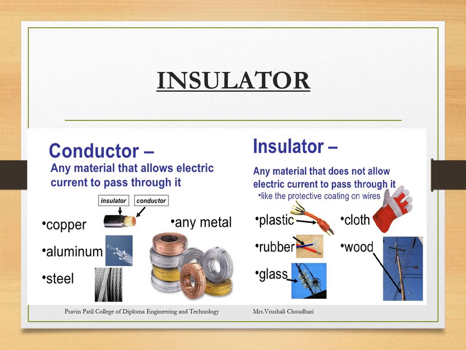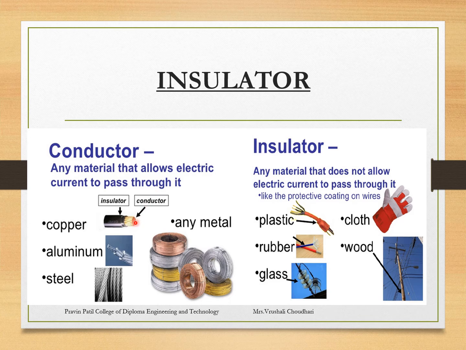What is the conductor? A substance which allows electric current to pass through it is called a conductor. For engineering purposes, we require conductors, but at the same time we require insulators.